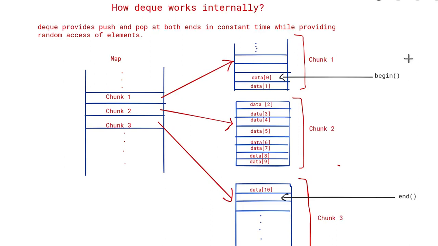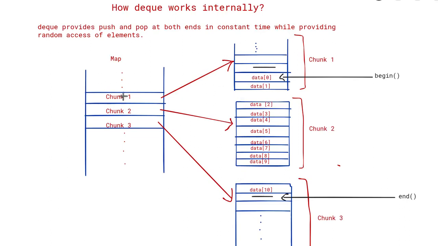So if you want to push data at the front, it will get added here. And if you want to push back at the end of the queue, it will add here. And obviously this is our begin iterator, and this is our end iterator. So they will get shifted by one position if we add elements at the front or back.